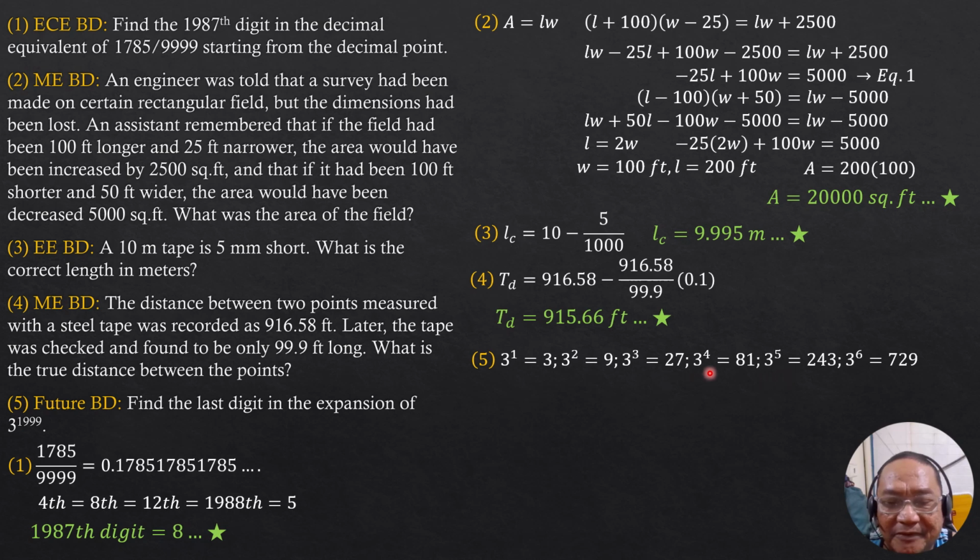Therefore, 3 to the 4 equals 3 to the 8 equals 3 to the 12. For a power that is divisible by 4, the last digit would be 1. So 3 to the 4th, the last digit is 1.